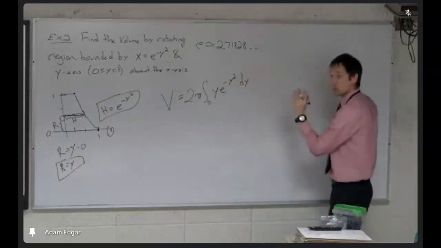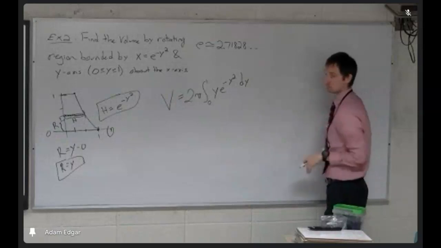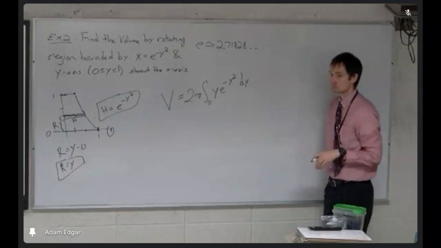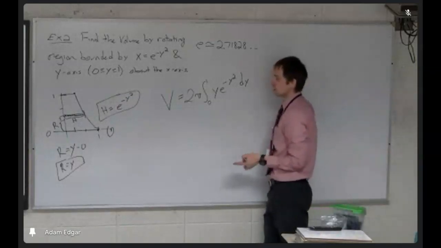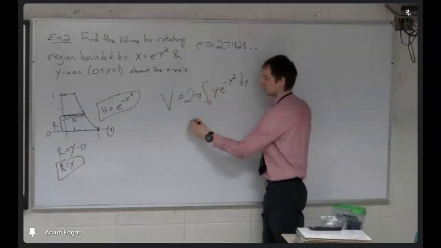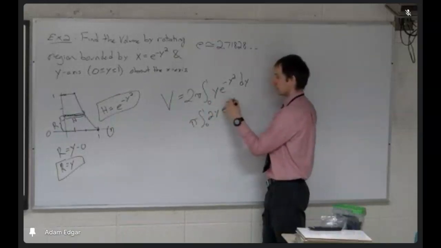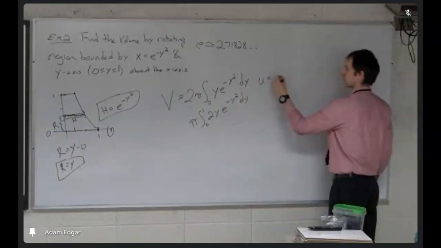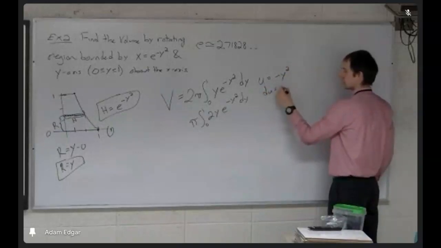Now, once you're here, what do we have to use to integrate this? U sub. Yeah. To make the u sub easier, it might actually be easier to put the 2 inside. So this is pi times the integral of 2y e to the negative y squared, because what should our u be? And then du is negative 2y dy.